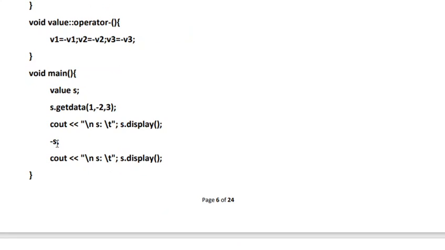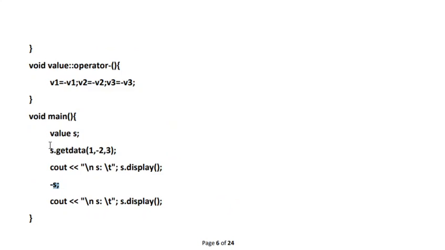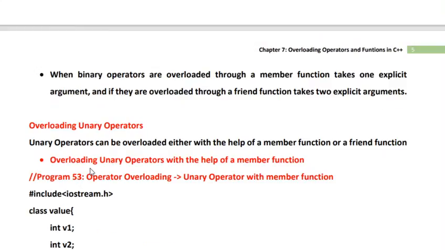Then I'm calling the overloaded function. As we have already learned, whenever we call an overloaded function, we need to provide the name of the object and the symbol. So that is what we have learned.